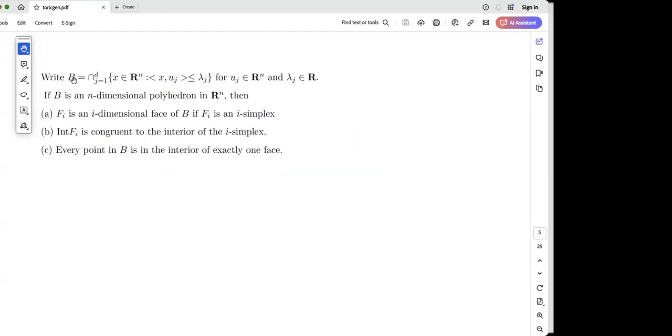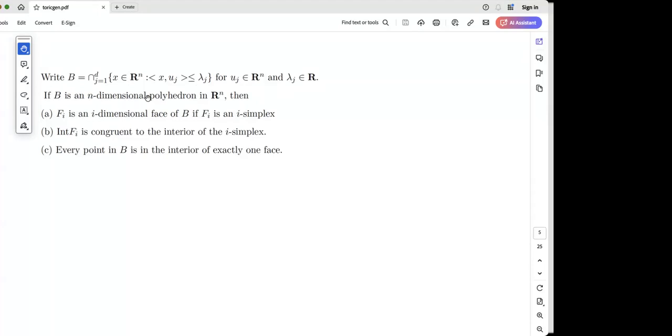I'll write B as the intersection of d half-spaces, like so. The lambda_j are just real numbers. I should have written that the u_j are vectors normal to the facets of the polyhedron.